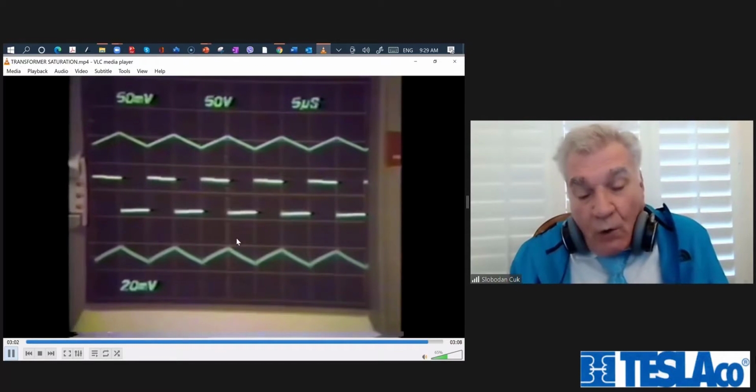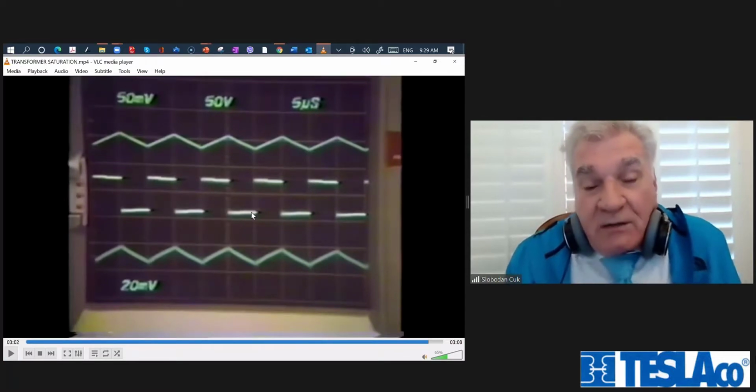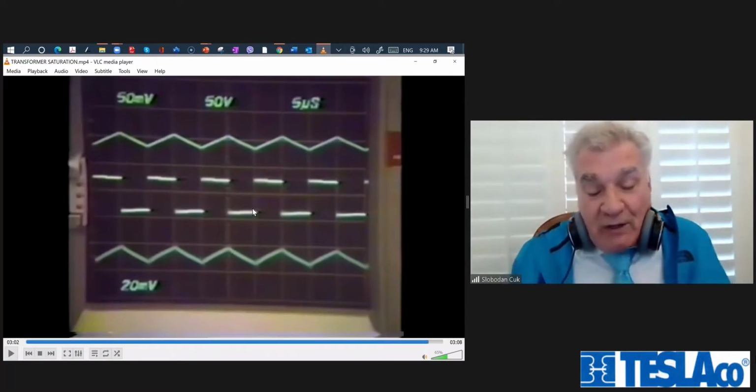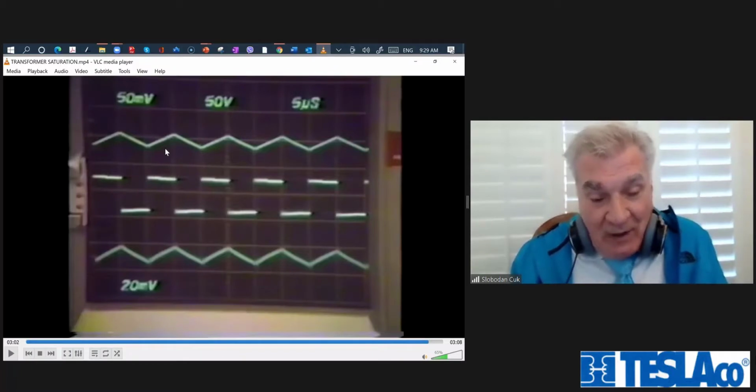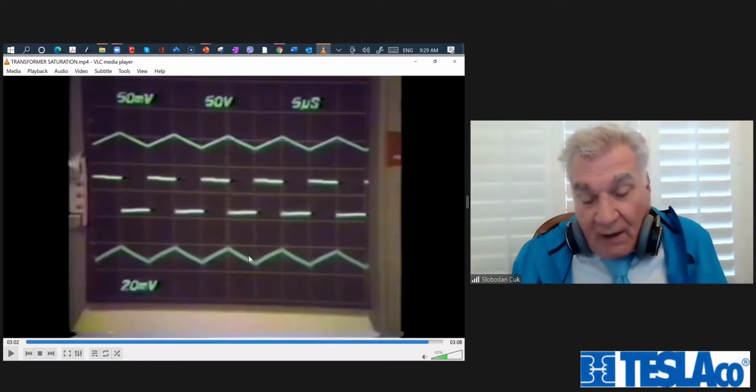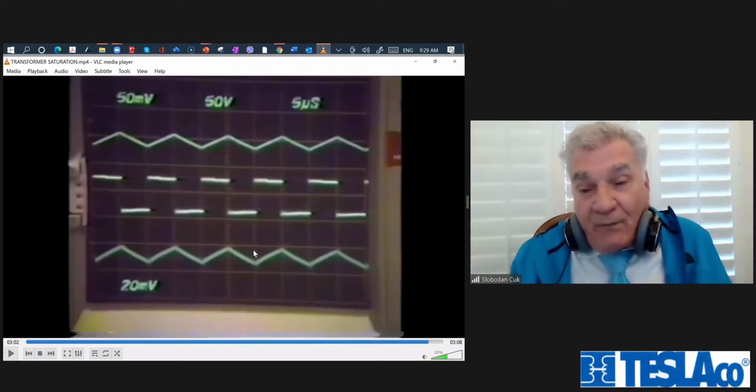So you see what I showed, by increasing the frequency, you're reducing the ripple, reducing the current and reducing the flux. So that's the point. The higher the frequency, the smaller the flux, proportional to it.